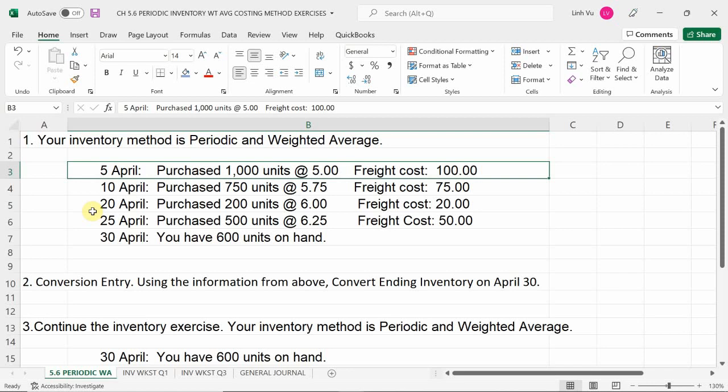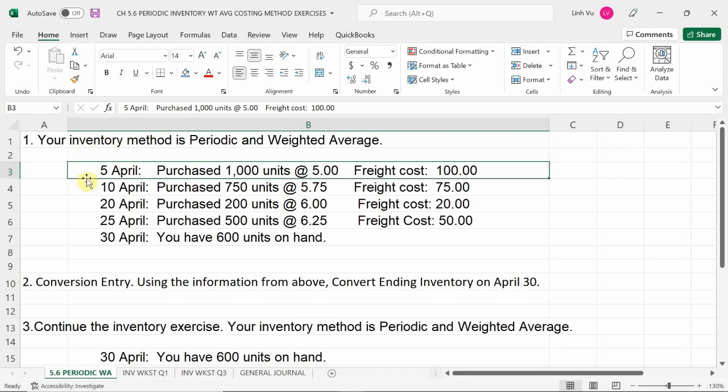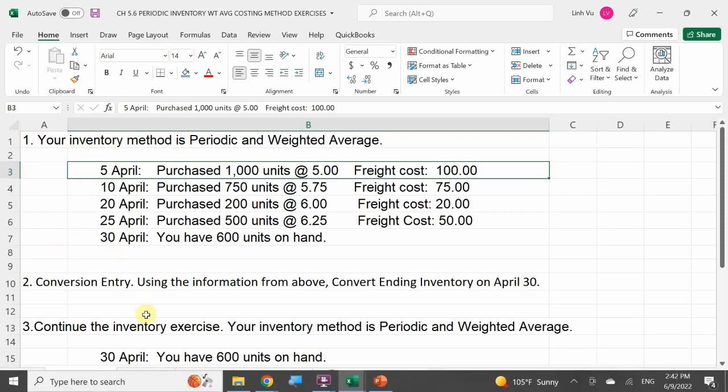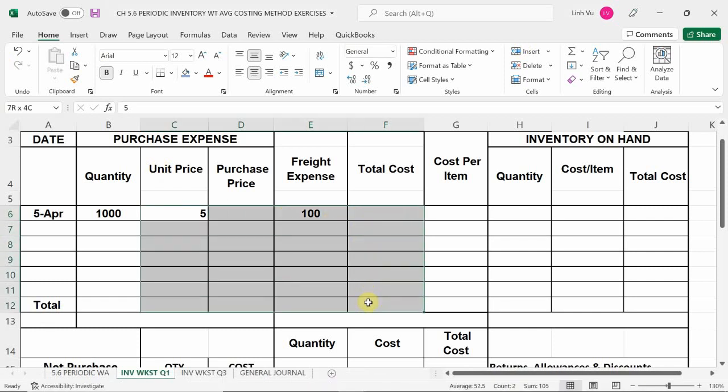So I want you to practice looking at this and plugging it into your inventory worksheet. So in this case, on April 5th, we purchased 1,000 units at $5 each with a freight of $100. So inventory worksheet number 1 is April 5th. We purchased 1,000 units at $5 each with a freight of $100. So in this case, what is my total purchase price here?